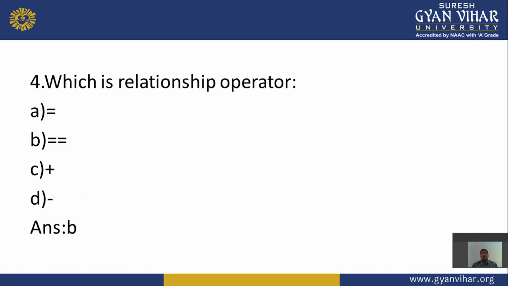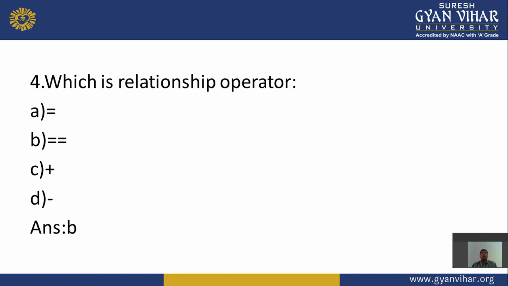Next is, which is a relationship operator, which shows the relation between two operands? The options are equal to, plus, minus. Equal to is the assignment operator, plus and minus are arithmetic or positive and negative operators.